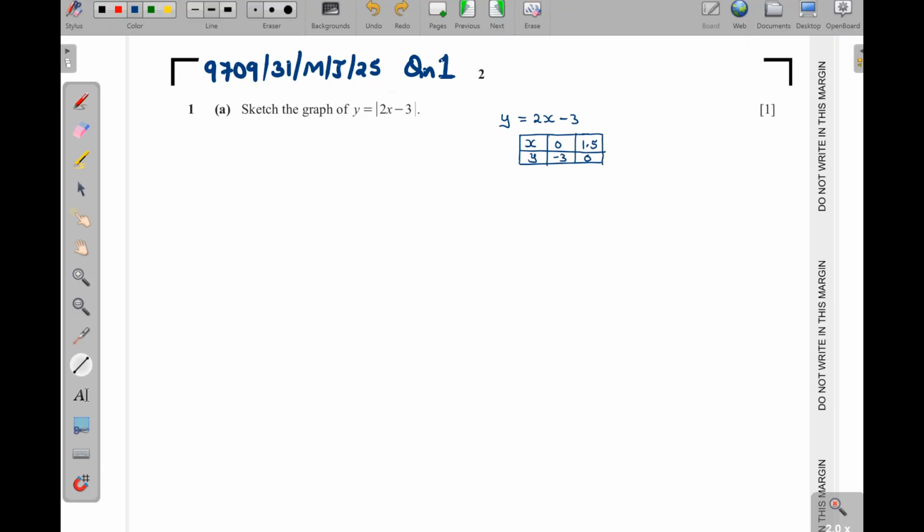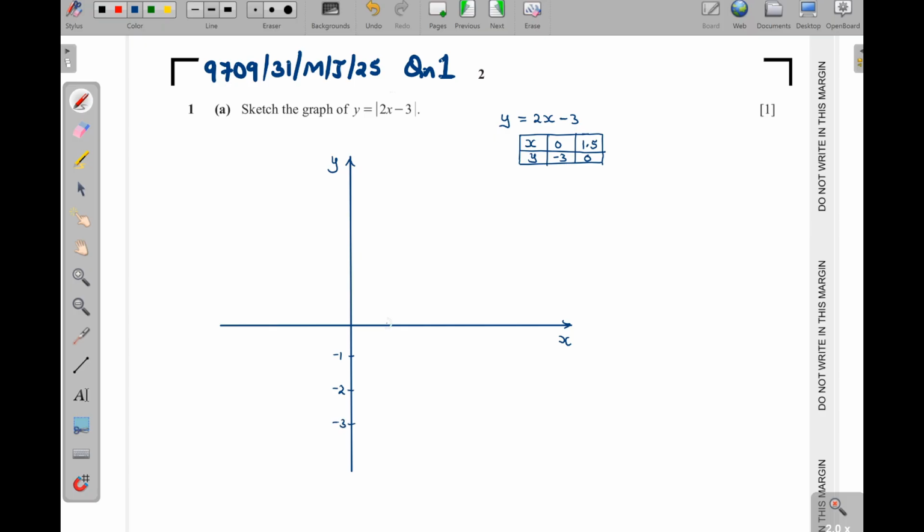Okay. Now I'll put my axes, then label them. This is x, this is y. We have 0, negative 3. So let's say this is maybe 1, negative 2, negative 3.